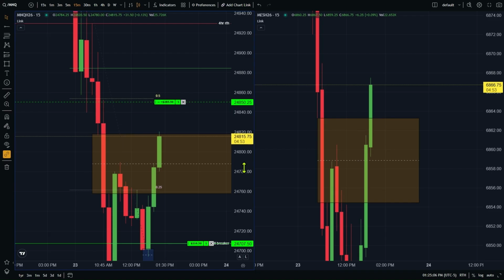ES is still kind of cranking. So taking this high on ES is probably where I'll take this trade off. Hopefully this one will go when this one goes, but you never know with NQ.